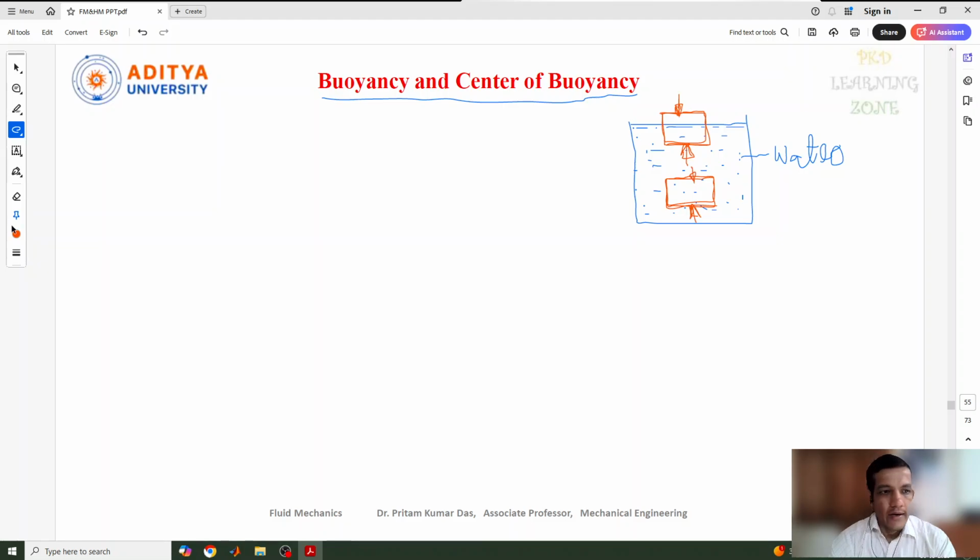We can write the weight of this body, and here also the weight of the body, and the force, as I told you, acts on this object due to the fluid. This is the concept of buoyancy. Due to the buoyancy, the force is acting on this object, and it tries to move upward, lifting upside.